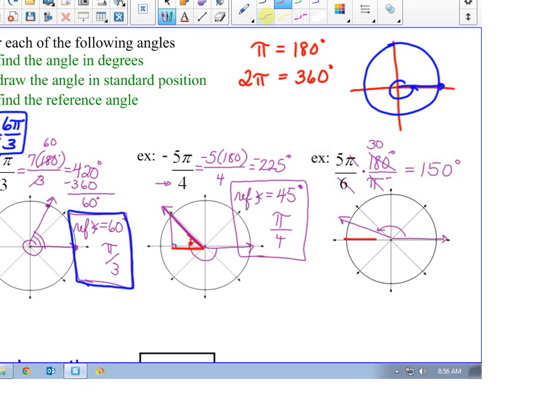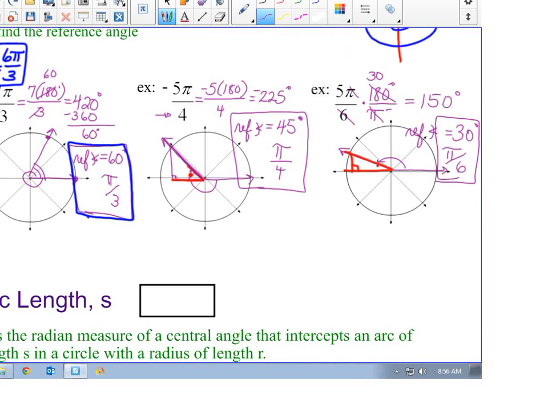Your reference angle would be here in the triangle, to the x-axis. In radians, that is pi divided by 6. Pi is 180 degrees, and divided by 6 gives you 30.